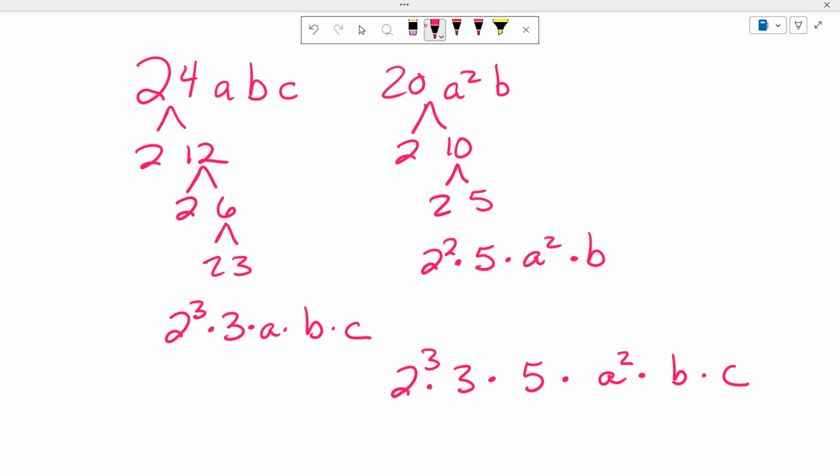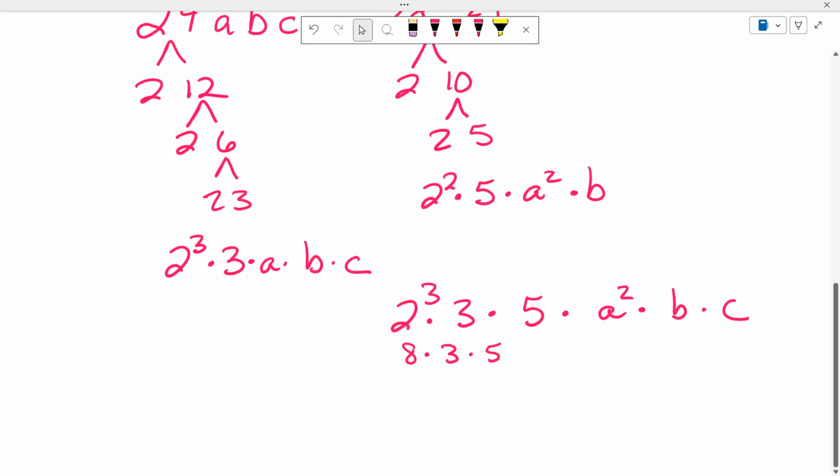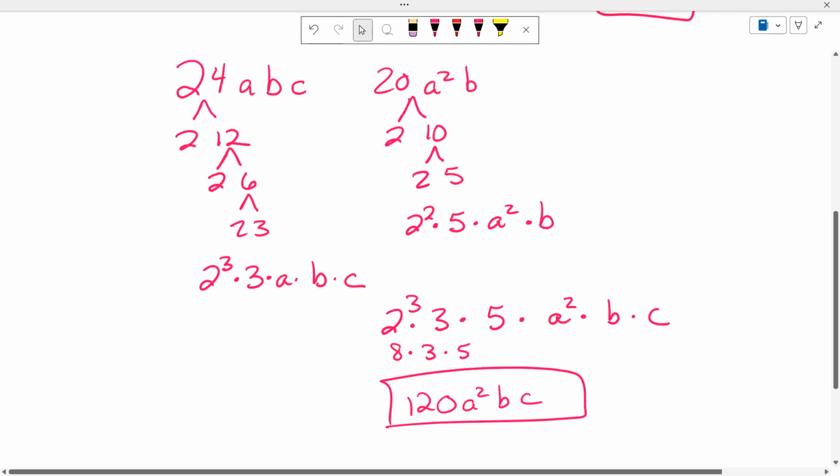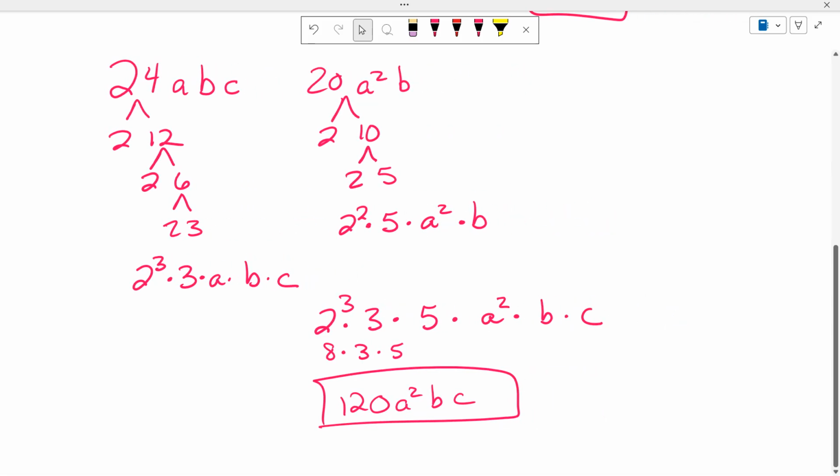So you take 2 cubed, which is 8, times 3 times 5, which is like 120, right? Yep. 120A squared BC. That's the least common multiple. Okay, least common multiple.